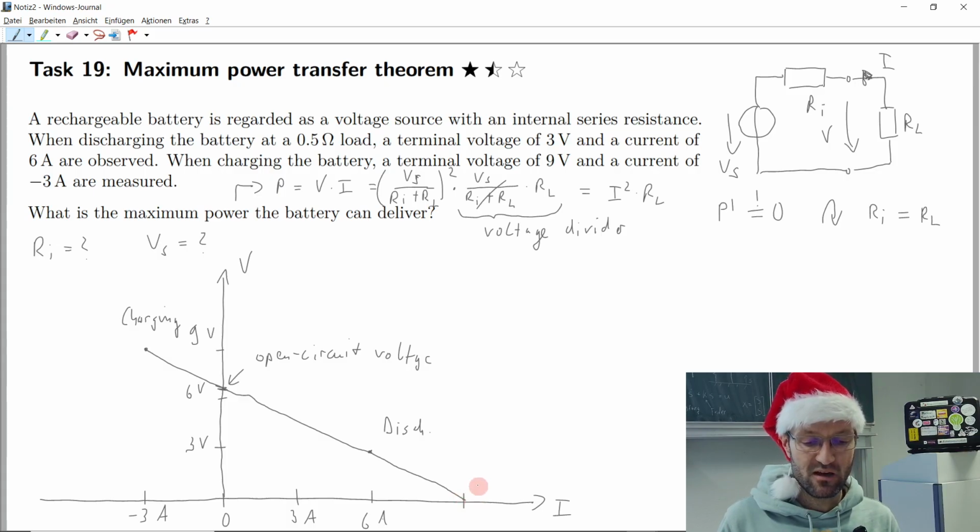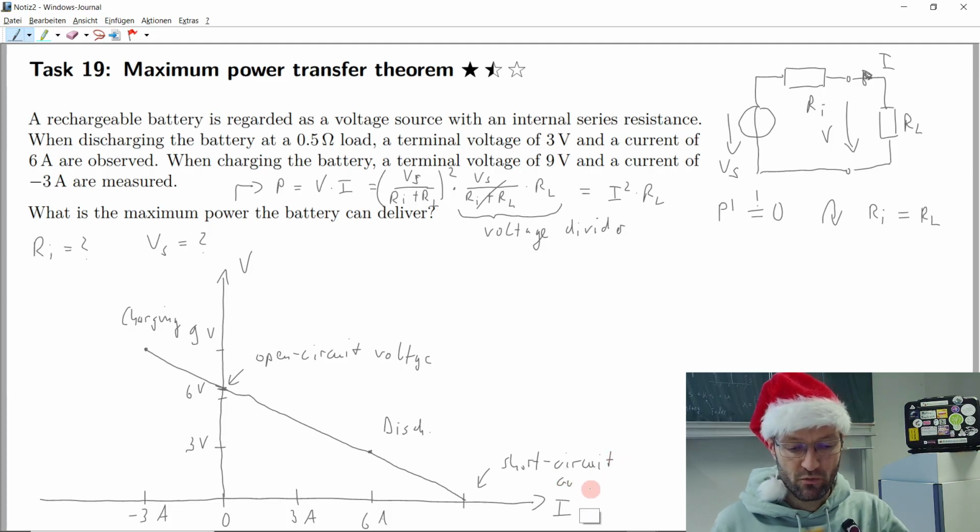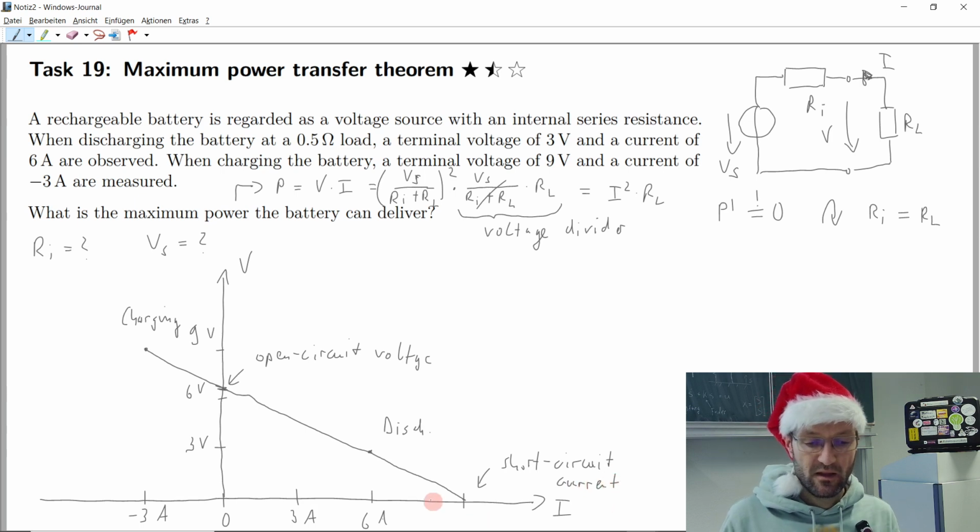This should be our short circuit current, that I will maybe call IS. And okay, then we have a short circuit current.